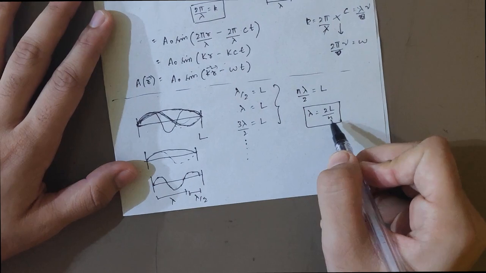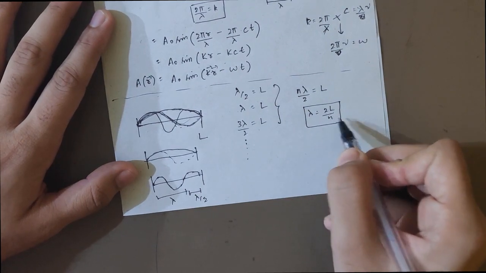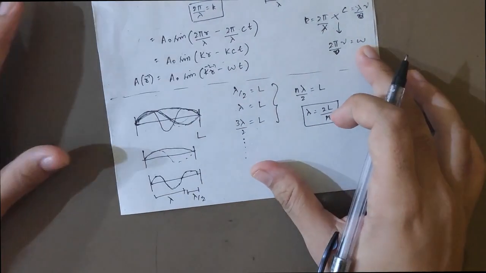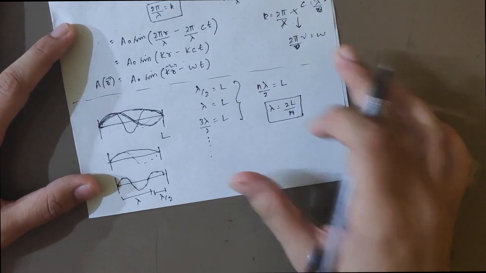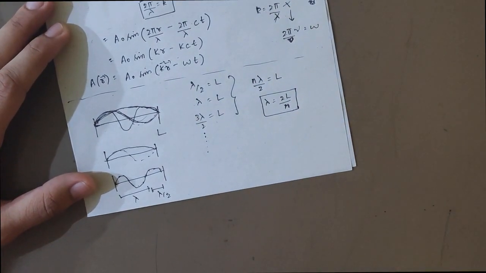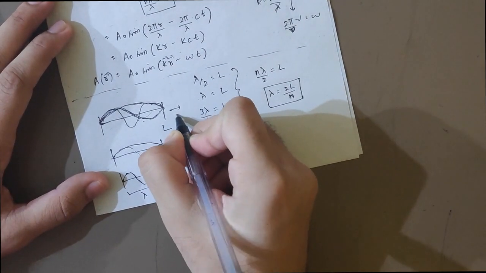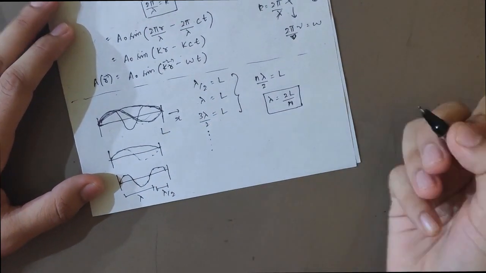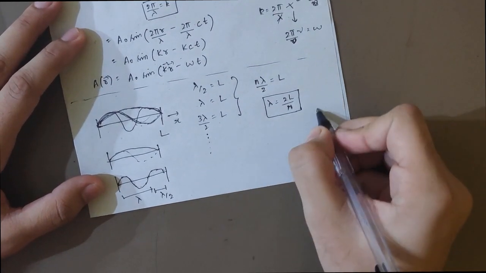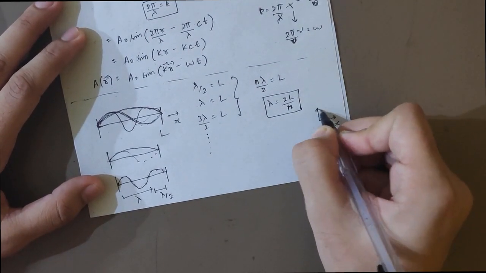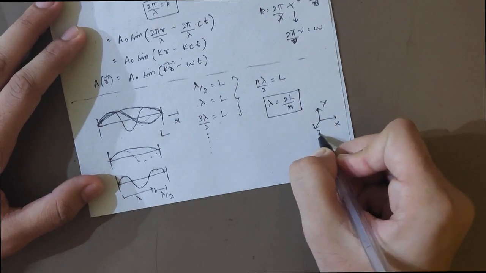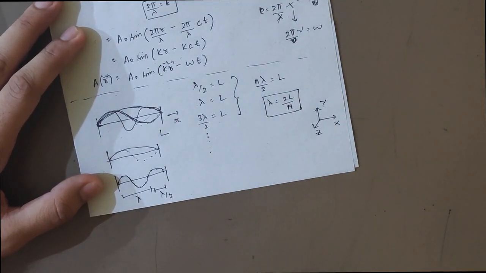Wavelength can only be 2L by n, where n is an integer, right? Now this n is just a positive number, right? Here we only talked about the x-axis. Now when you talk about a three-dimensional box, you have your x-axis, your y-axis and your z-axis, right?